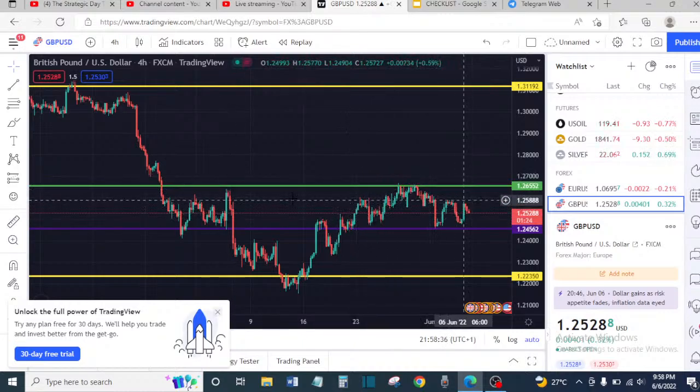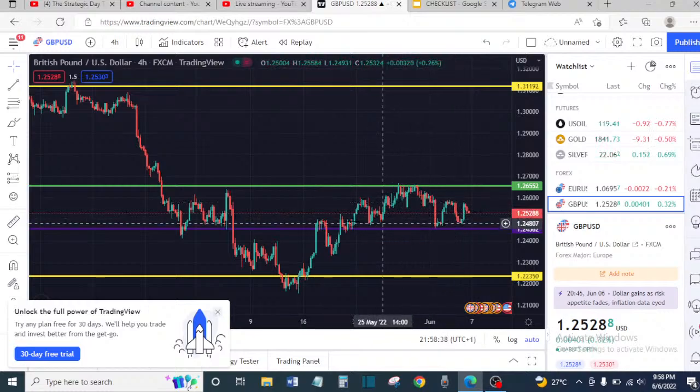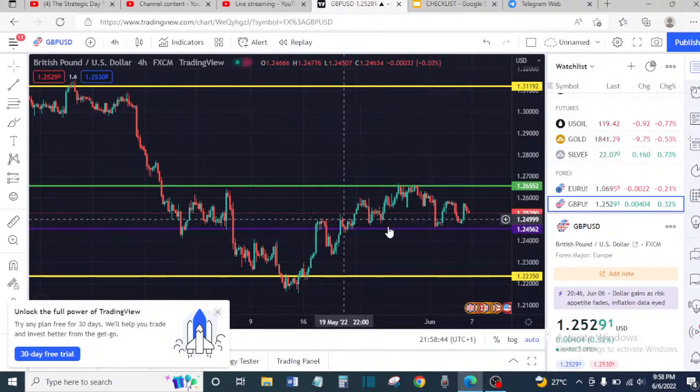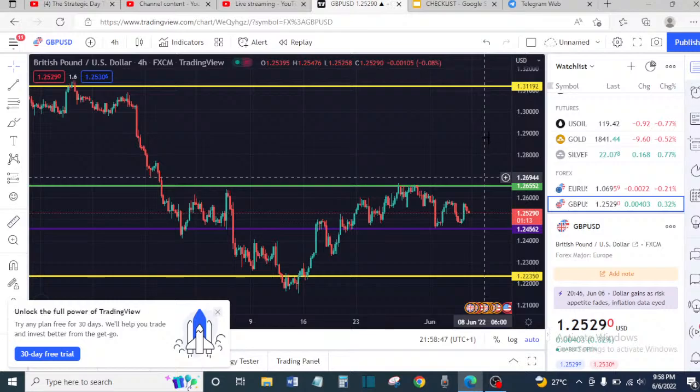With what we have currently, I will expect them to take out these stops here, then we push to the upside, where we have a lot of money. All these stops here need to be taken out.